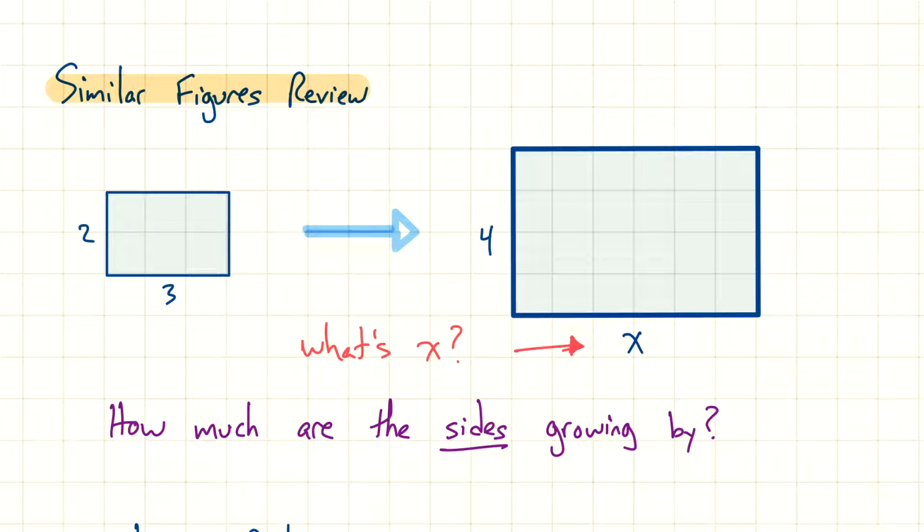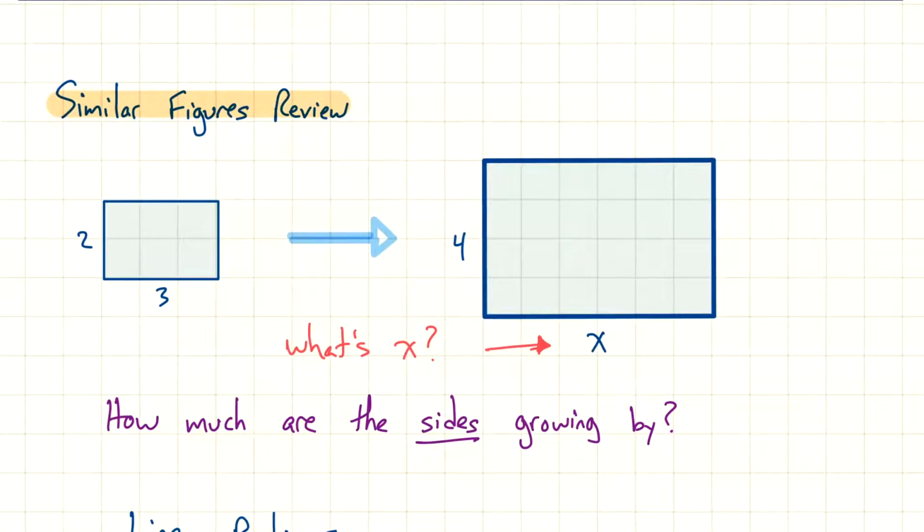All right, if you said 6, you'd be correct. So how did we get that? How much are the sides growing by?